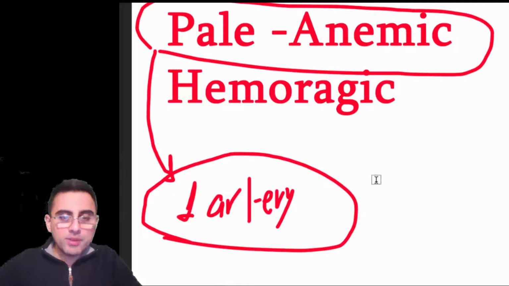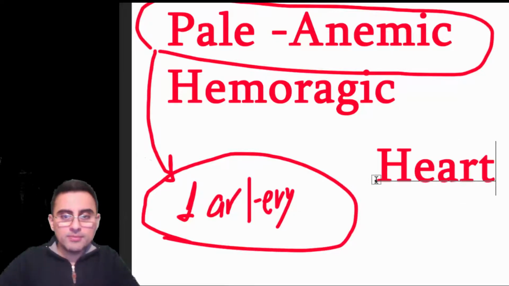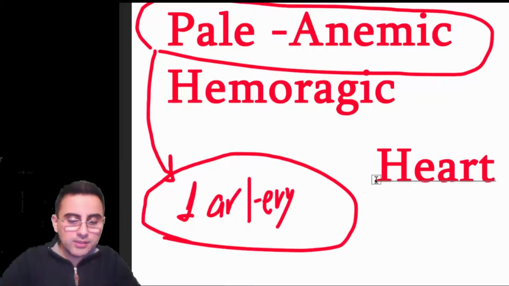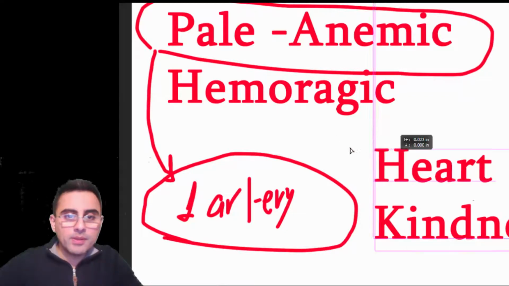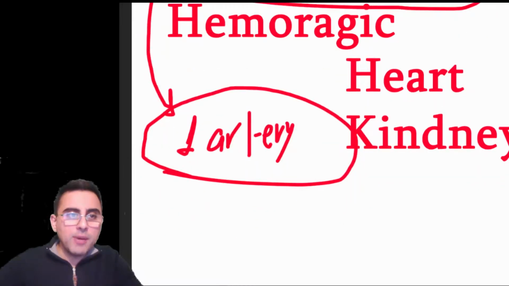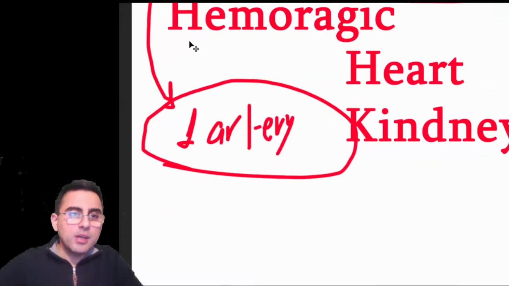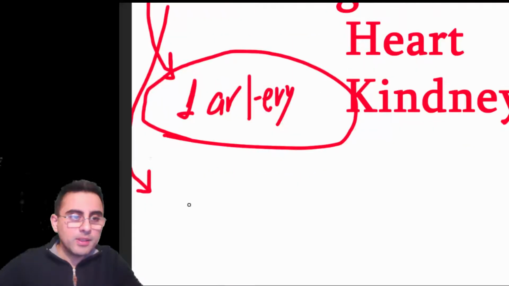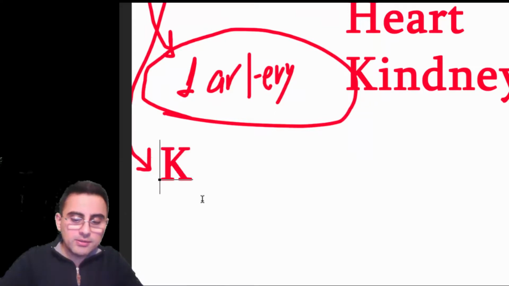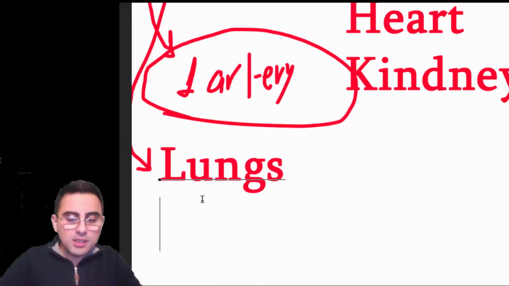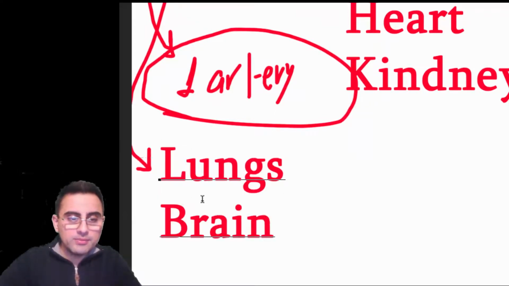For example, heart, kidneys. We have hemorrhagic infarction when we have collaterals, for example lungs, brain.